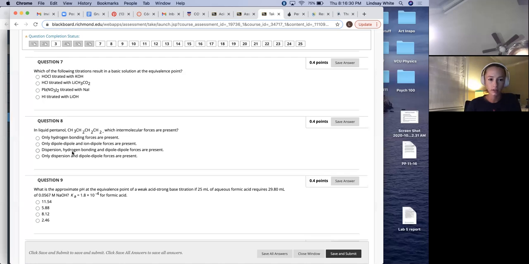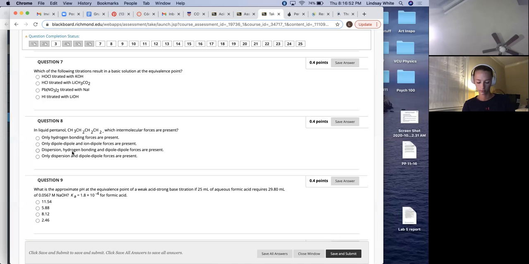So I'm thinking. I can't remember if potassium or sodium makes it a stronger base. Potassium, it's the first column of the periodic table.